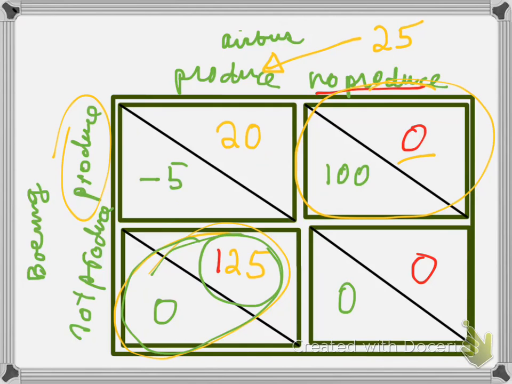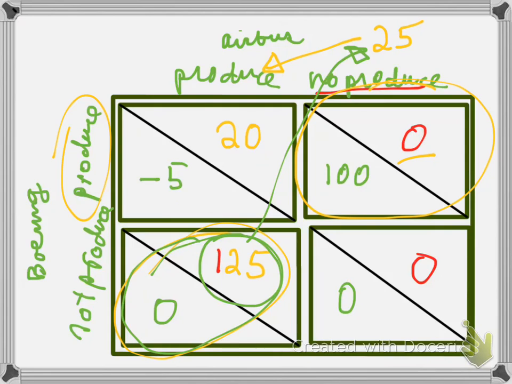And Airbus then gets the 125. With that, it can repay the subsidy to the European Union and still have profits of 100. So that's how a subsidy, in some sense, by giving the airline a first mover advantage, enables it to enjoy the surplus that the other firm, the other national firm, then cannot enjoy.